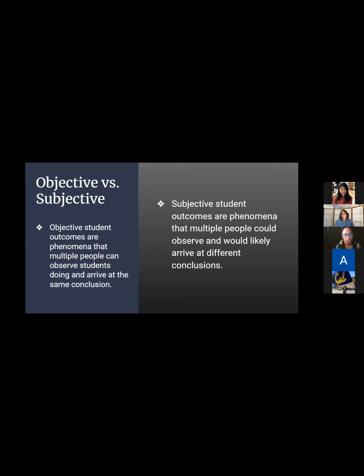Objective assessment inquiries typically answer questions like, are students using my office's program or service? Are students matriculating, or are they learning, right? And these types of questions can be answered using more objective evidence, often quantitative data.